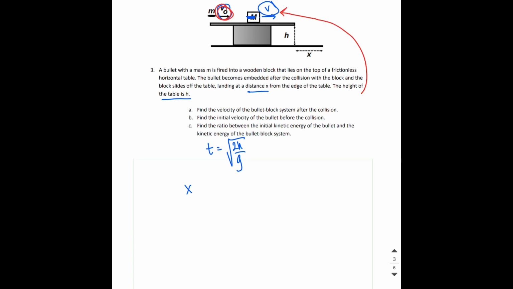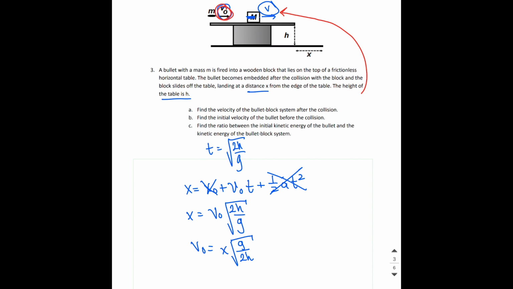Okay, now we're working with the x component. I'm going to use the same kinematic equation, x equals x naught plus v naught t plus 1/2 at squared. In the x component, the acceleration is 0, and my initial position, I'm going to set that equal to 0. So x is equal to v naught times the time from the y component of 2h over g, and then when I multiply by the reciprocal, I get v naught is equal to x times the square root of g over 2h, and that is the velocity in which the object is launched.